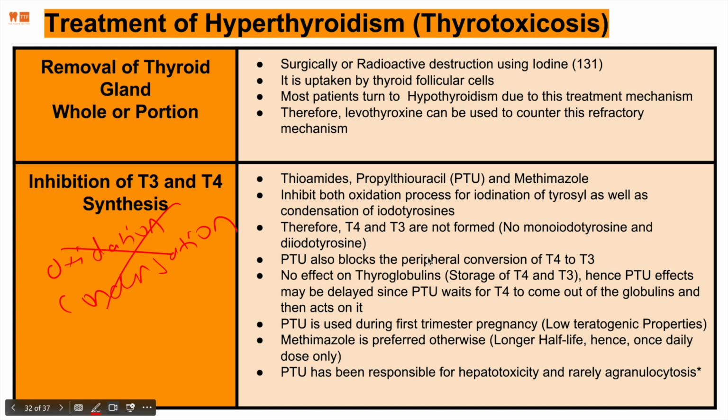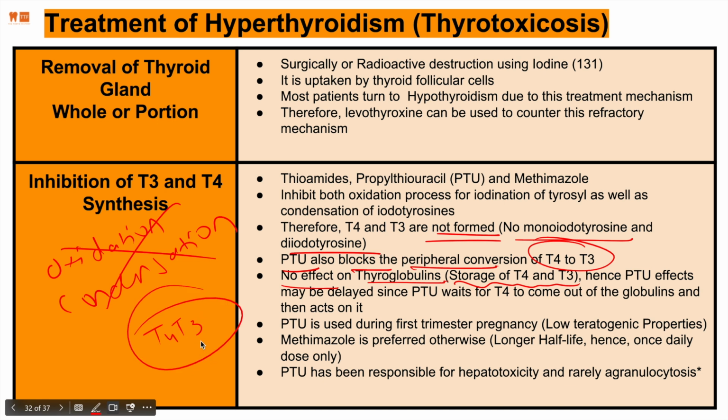Therefore, T3 and T4 are not formed. No MIT, no DIT. PTU blocks the peripheral conversion of T4 to T3, but there is no effect on thyroglobulin storage of T3 and T4, which means any T4 or T3 already located inside the globulin is unaffected.